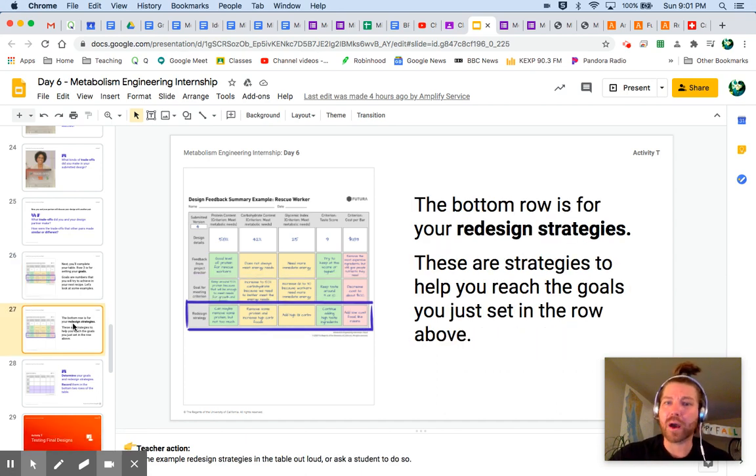And then lastly, how are you going to do it? The redesign strategies. Which ingredients are you going to add, decrease, keep? How much of those ingredients do you think you want to use? So those 2 right there, those are very important because we're trying to get our optimal recipe. We're trying to get the best recipe that we possibly can based on the data and the feedback that we've received.